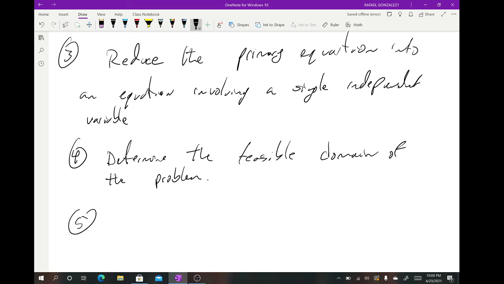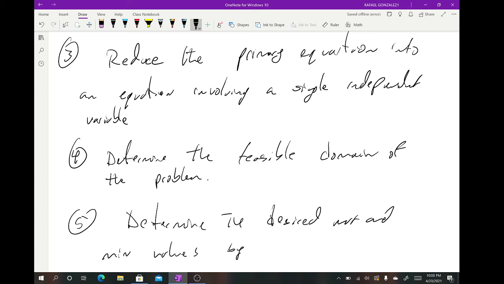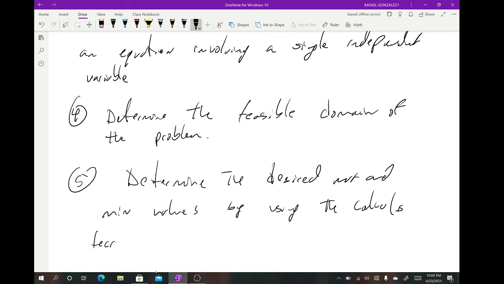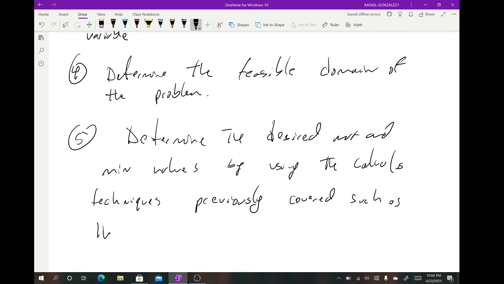And number five, finally, we want to determine the desired max and min values by using the calculus techniques previously covered, such as the first and second derivative test.